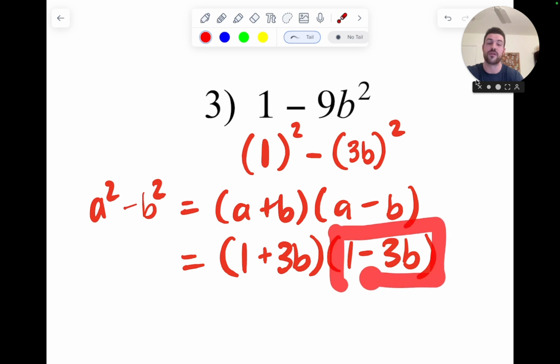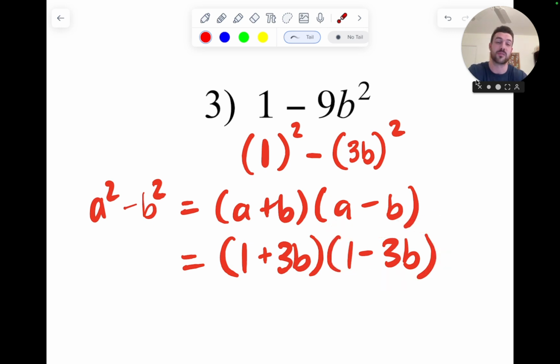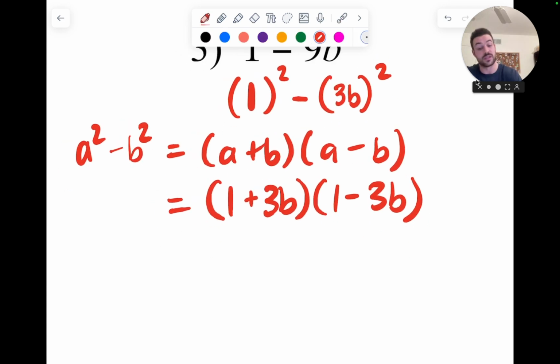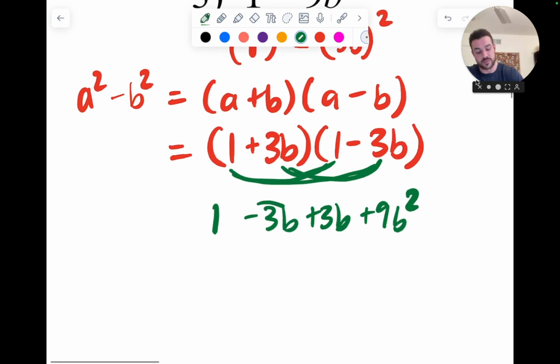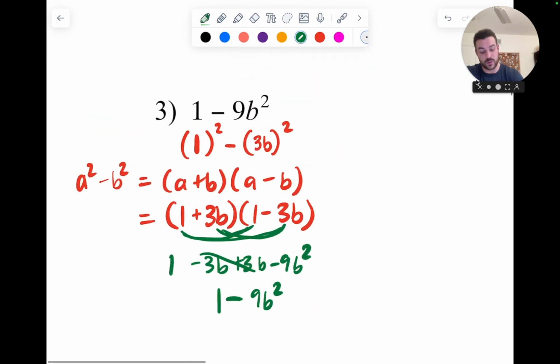All right, whenever we're factoring, don't forget that at the end, you have to make sure your factors can't be factored again. Just to show you, because we didn't do this in the beginning, if we multiply this out, we FOIL those two binomials, we end up with the middle terms canceling. 1 minus, that should be a minus 9b squared, which it does, and that gives us what we had originally.